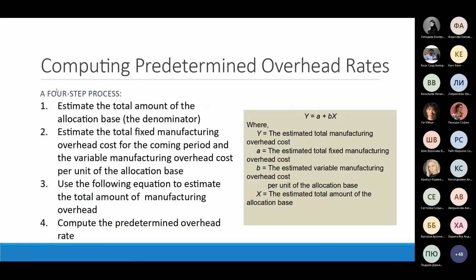So how do we compute this predetermined overhead rate? We would use a four-step process. First of all, we estimate the total amount of the allocation base, so the total amount of working hours spent on all the jobs performed during the particular period. Then we estimate the total fixed manufacturing overhead cost for the coming period and the variable manufacturing overhead cost.